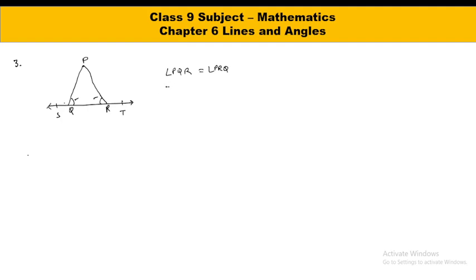We need to prove angle PQS, means this angle, is also equal to angle PRT, means this angle, the external angles. Internal angles of the triangle are equal, and what about the external angles? They should be equal, that we need to prove in the question.